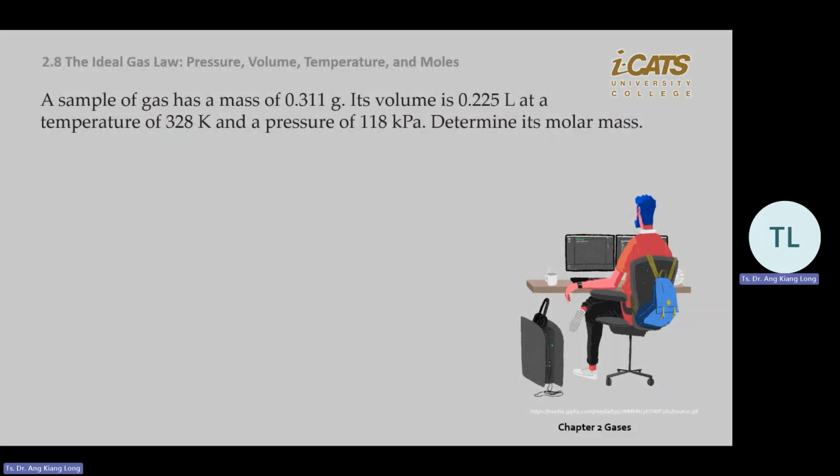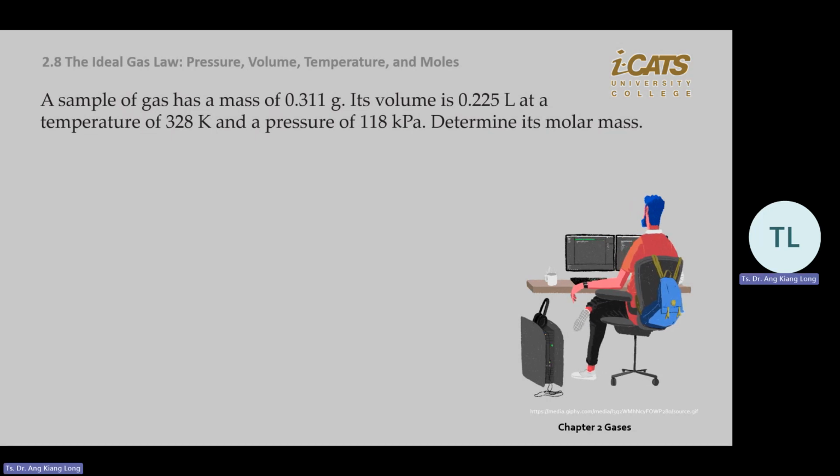Okay, so another similar question, also same. So you're given the mass, you're given the volume, you're given the temperature, you're given the pressure, and the unit is given. So it asks you to find molar mass. Molar mass means you need to use the conversion.